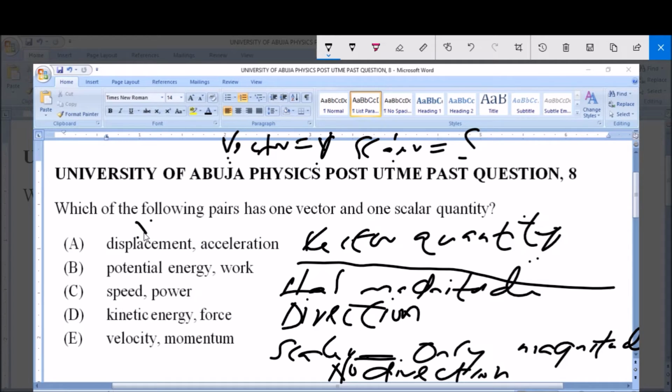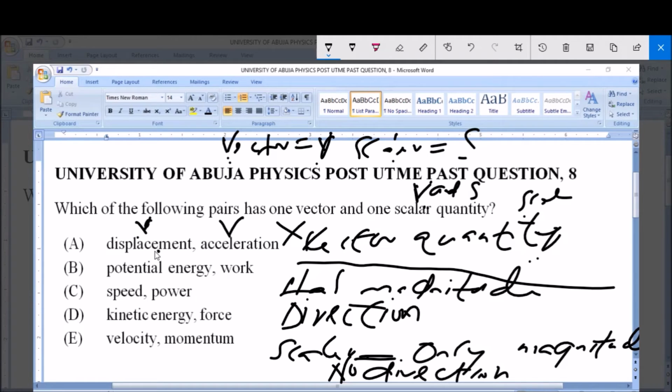Now acceleration has magnitude and direction also, so it is a vector quantity. So this is not the answer, because the question is asking for the option that possesses a vector and a scalar quantity. So we are expecting to see V and S.